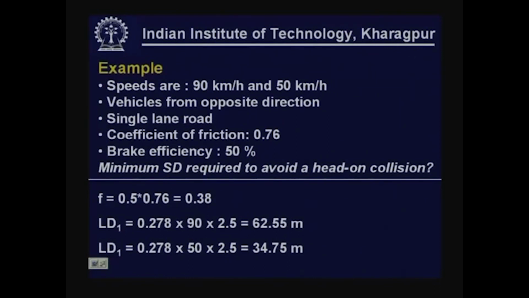It is 0.278 into 90 into 2.5 second reaction time. So, that is 62.55 meter. For the second vehicle, which is travelling at 50 kilometer per hour, the lag distance is again 0.278 into 50 into 2.5, that is 34.75 meter.